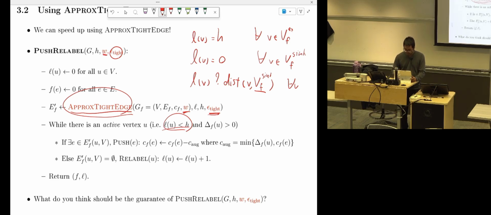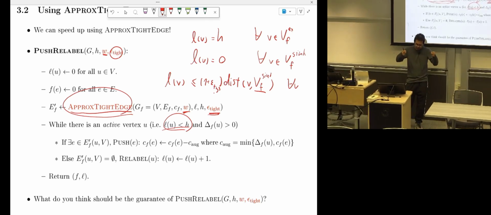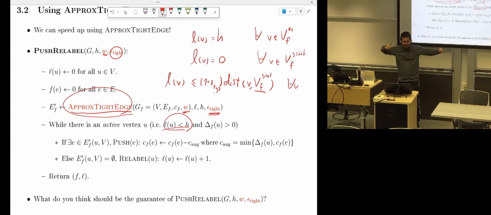Exactly. This is at most 1 plus epsilon times the distance. If every edge is at most 1 plus epsilon relaxed, you can stretch a bit more than the distance.